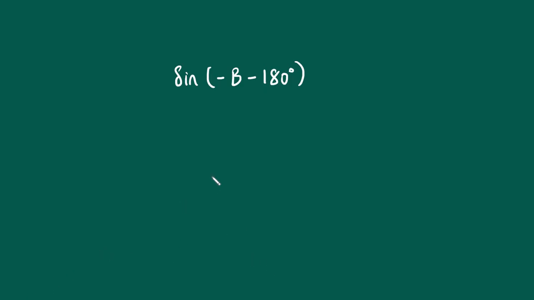The first thing you want to do is rearrange, so this is going to be sine, then you're going to have negative 180 degrees minus the b. Okay, then from there, guys, because you have a negative angle, you write that negative outside, and after that you start to multiply. Negative times negative should give you positive 180 degrees. Negative times negative should give you positive b.